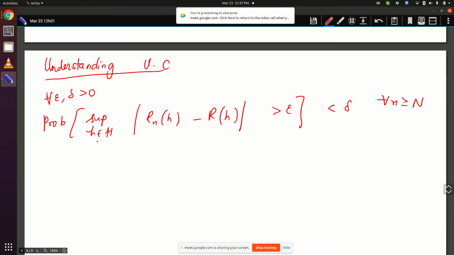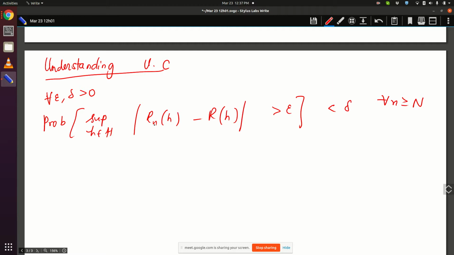Rishabh, if you can explain what you're saying, it will be useful. See, if there were only one element in the bag, only one h, then the supremum is just going to be, without this, you can just throw it away. Still there is a probability. It's just because of the number of data points, right?